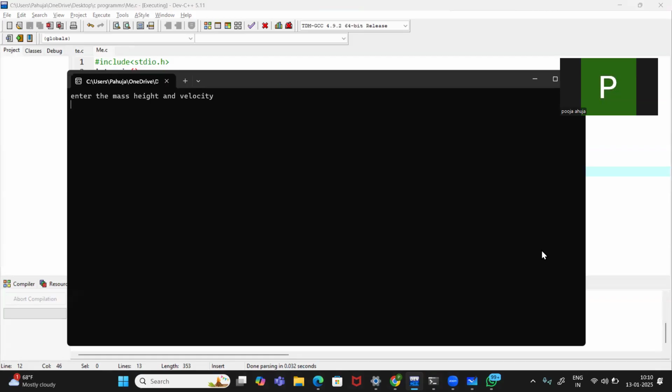So now I'll enter the mass as 12, height as 3, velocity as 10. So I should get the value near 300 for the potential, and the final total mechanical energy is 953.160.